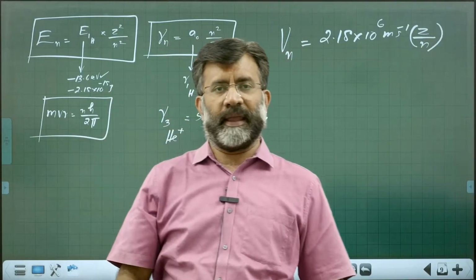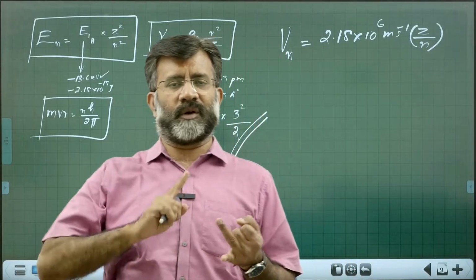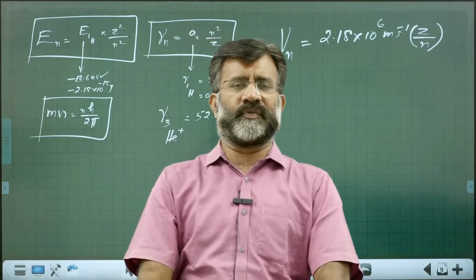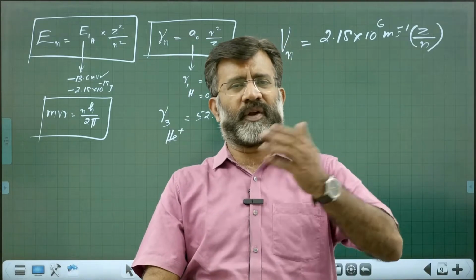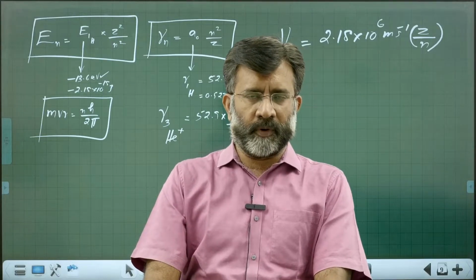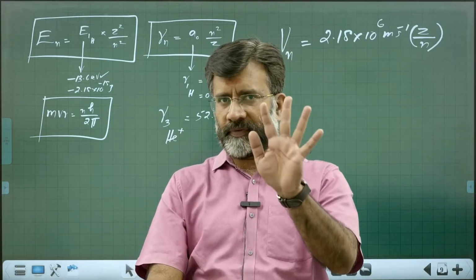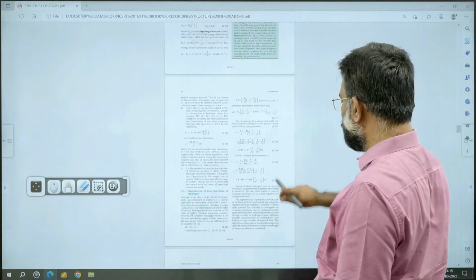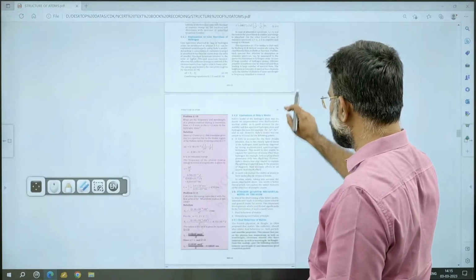So energy equation, radius equation, velocity equation, there are a whole lot of numericals we are going to encounter, and different relationships and objective questions based on this. Bohr model, all formulae, very important. That's all coming from this area.